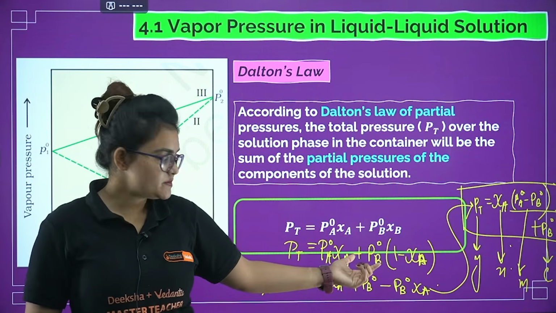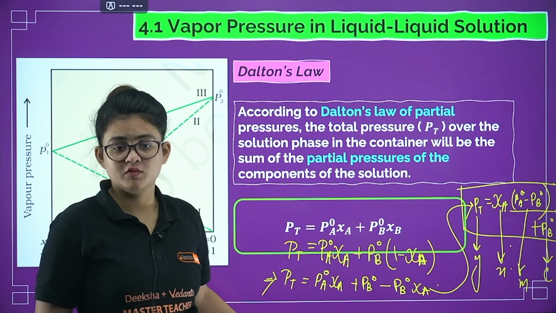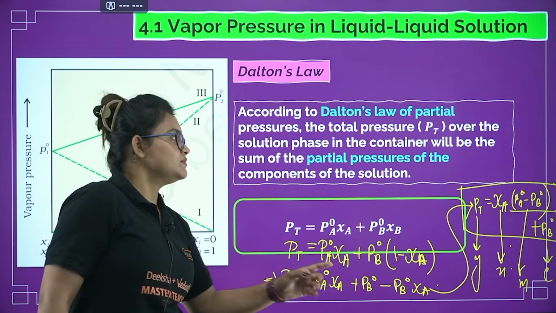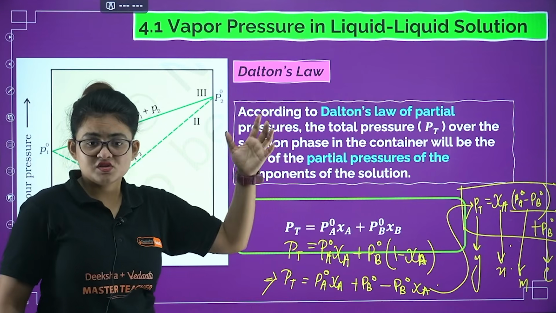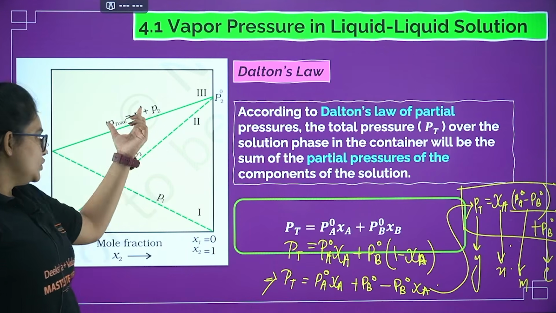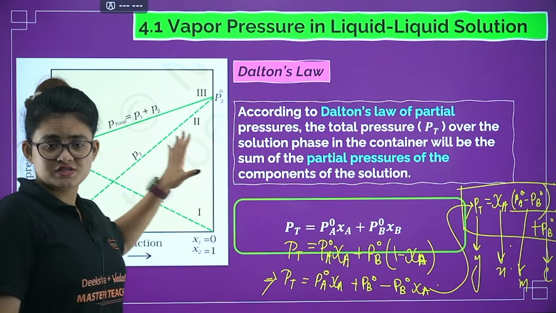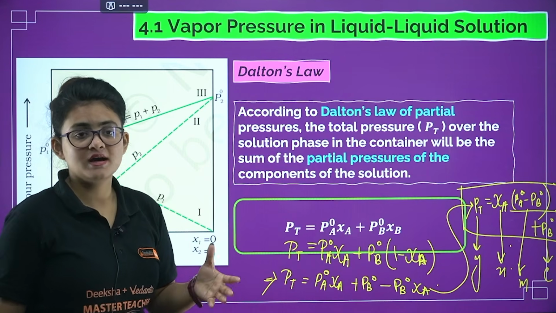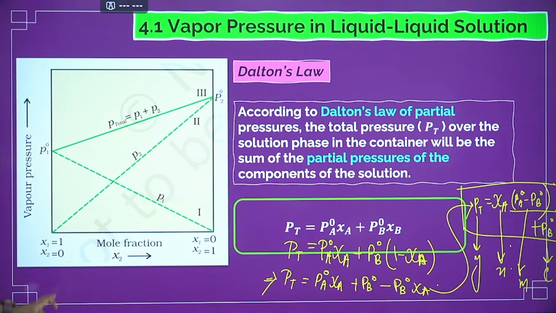From another perspective, XA I can also replace with 1 minus XB and I will get another equation. For those cases PA0 and PB0 will be the intercepts. If you connect the intercepts you will get the total pressure. So this is how it's a straight line equation, and if you want to plot the graph, it will give you a straight line like this. Okay, I guess it's clear to you.